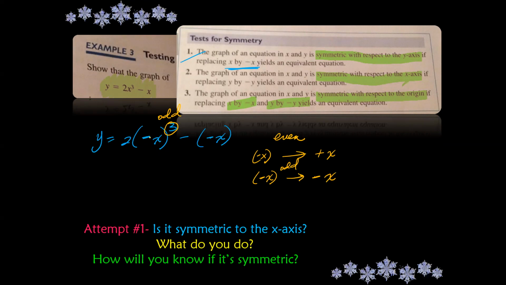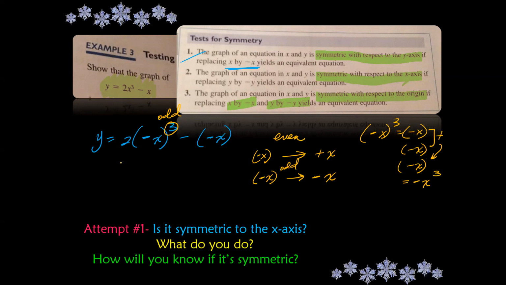And that makes sense, because if you have negative x to the third power, you have negative x times negative x times negative x. Negative times a negative is a positive, but that positive times a negative, guess what? It's a negative. So you have a negative x to the third power. So here I have negative 2x to the third power. Here, negative times a negative is a positive x.